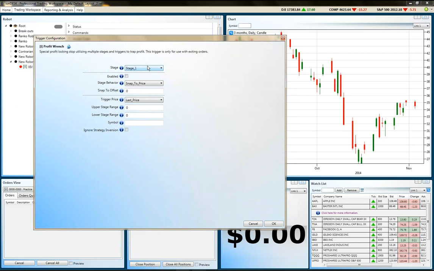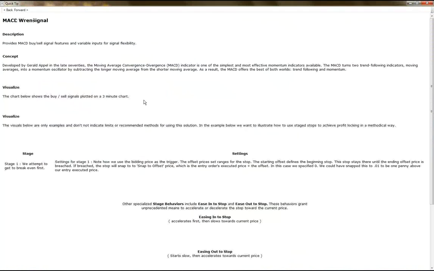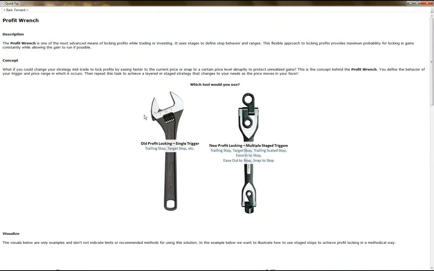Let's say that my first stage, I want the stop to snap. I'm going to show you the help on this first, because I specifically built this for my own personal trading, so you know that I meant business when I built it.